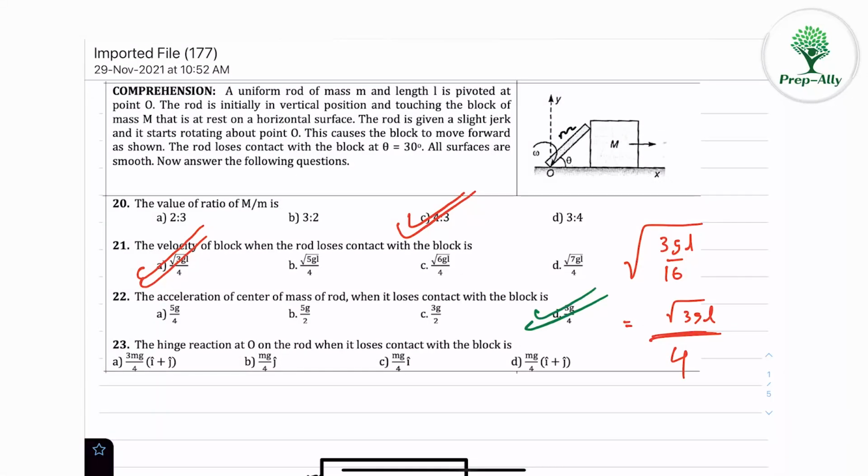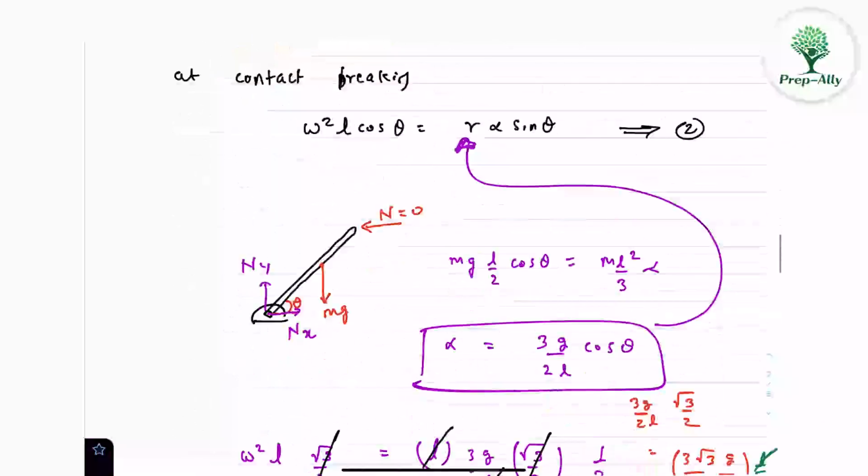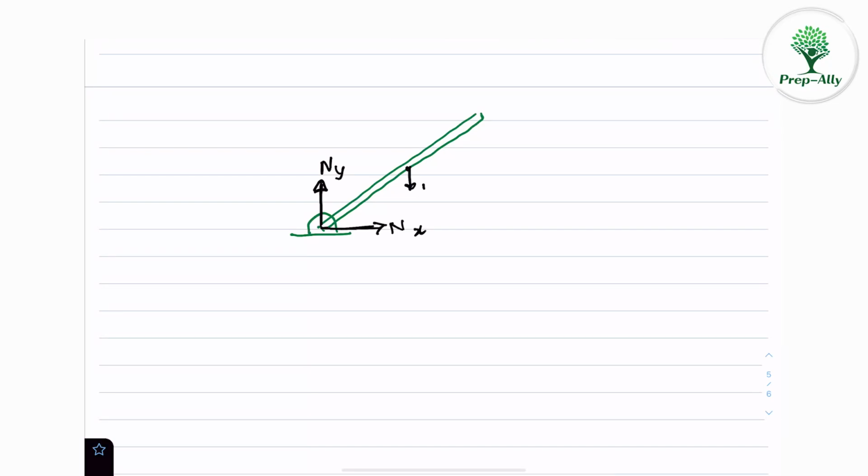Then comes the hinge reaction at O on the rod when it loses contact. The good thing is we already know the acceleration of the center of mass. So the last part will be like this. We have to draw the free body diagram. The good thing is that the normal force from the block is 0 at the contact breaking, so the forces will be only the hinge force Ny and Nx, and the mg force.